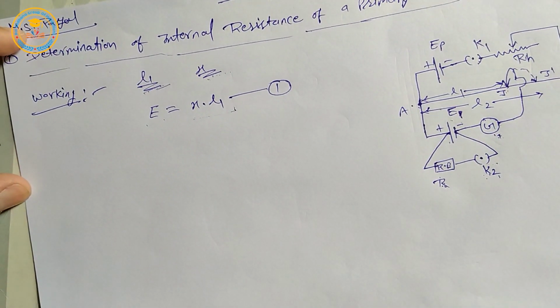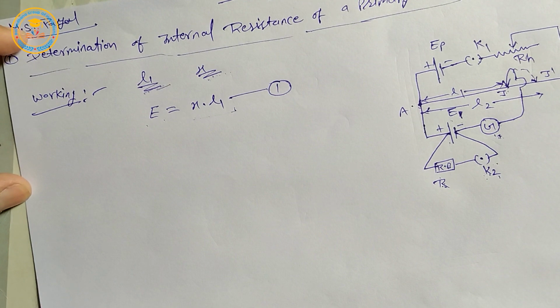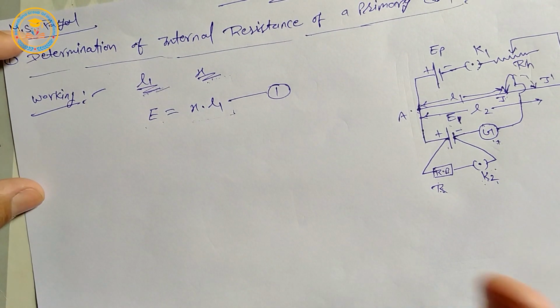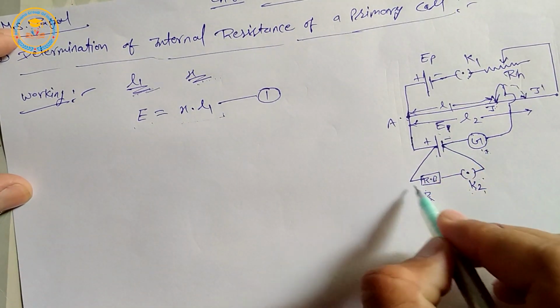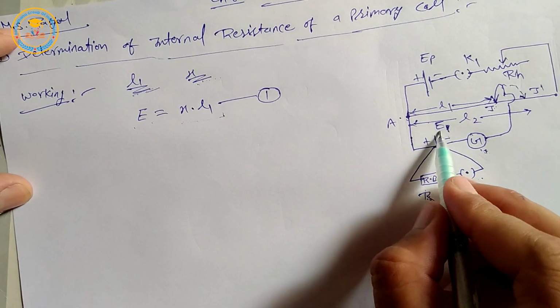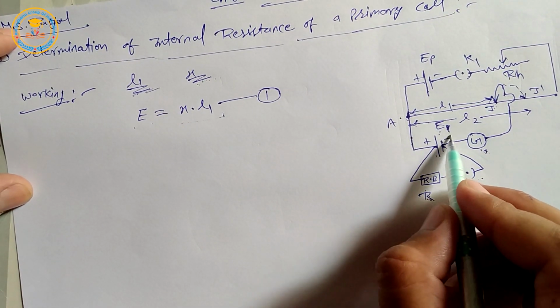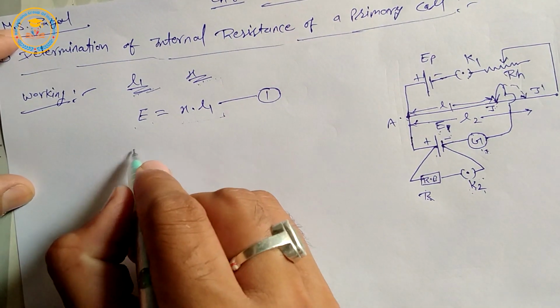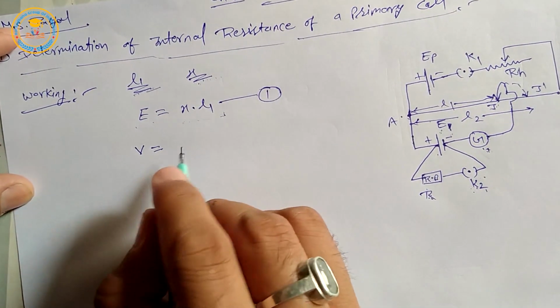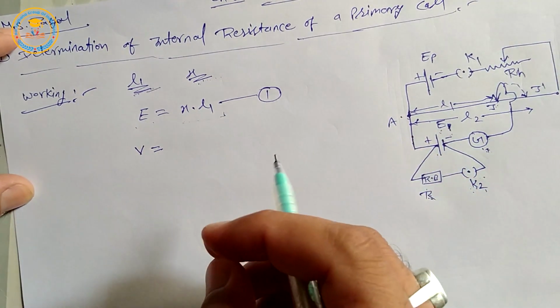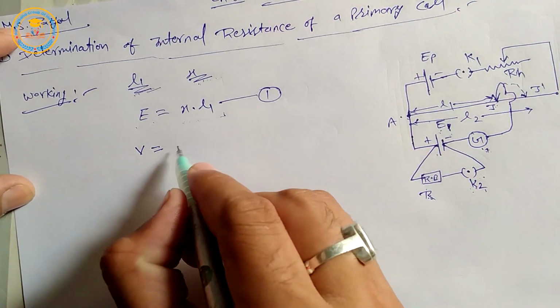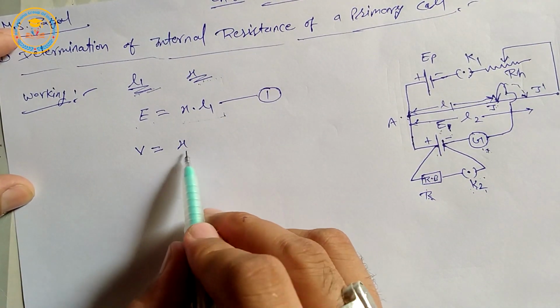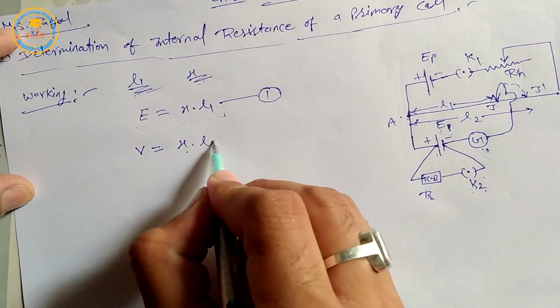Then again, according to the principle of potentiometer, now this circuit is closed, so the balancing length gives the terminal voltage. The terminal voltage of this cell, V, is equal to the potential gradient into the balancing length.